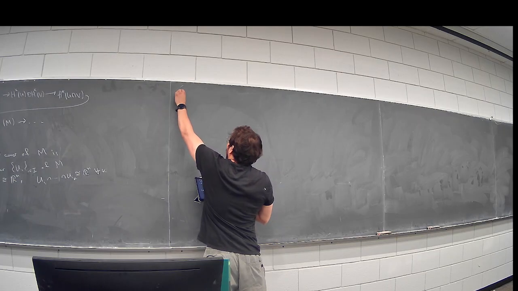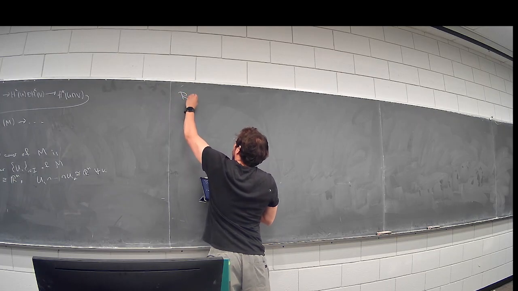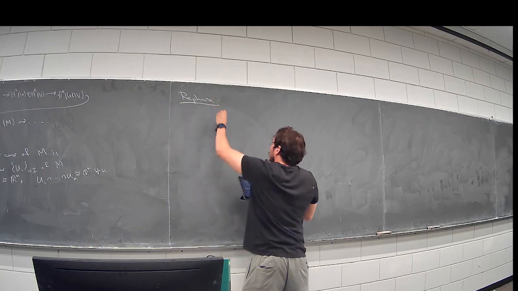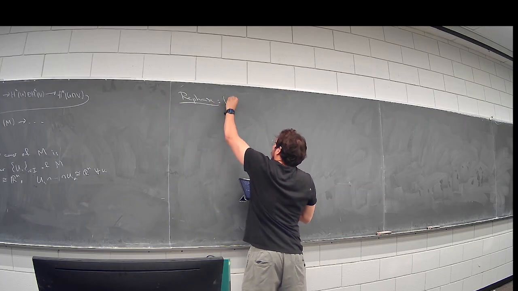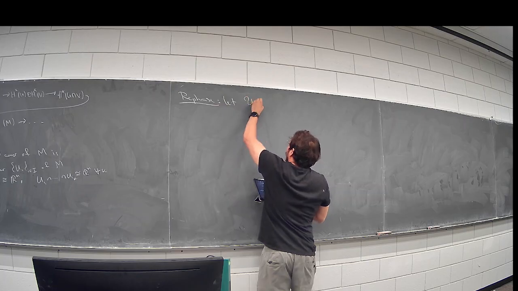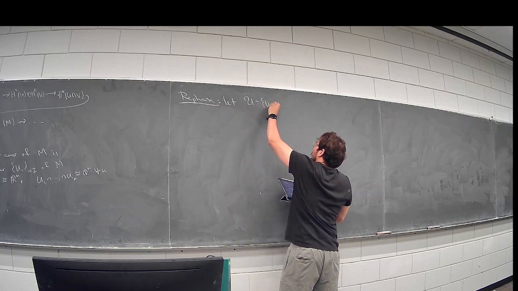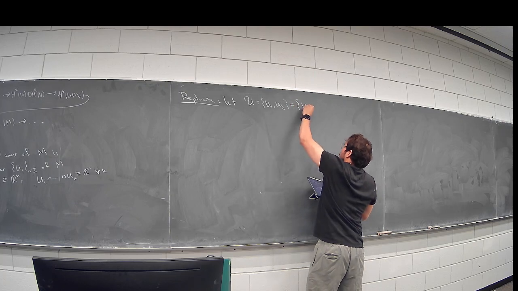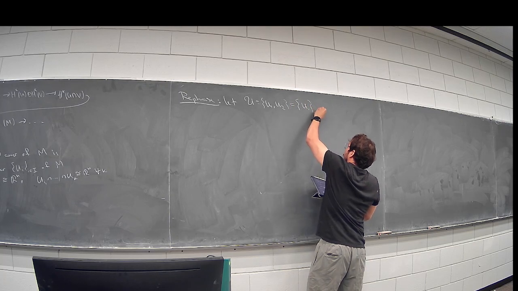So we're going to rephrase this. We have an open cover U, which in my first case was U1 and U2, or U and V, but let's just write it as U_i, for i from an index set. We have this open cover.